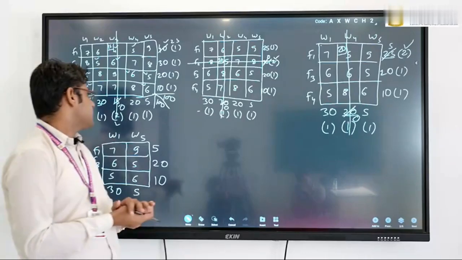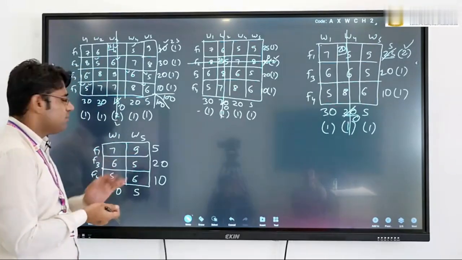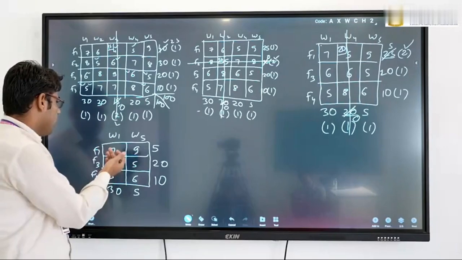Now in a similar process we find the penalties of rows and columns.